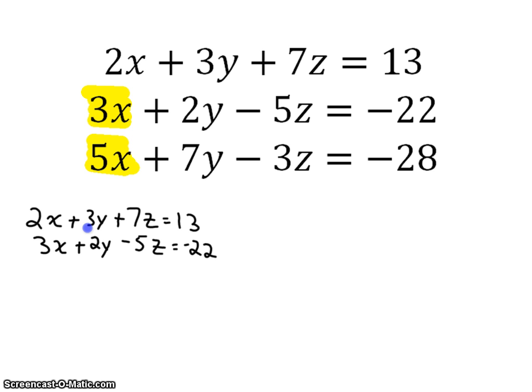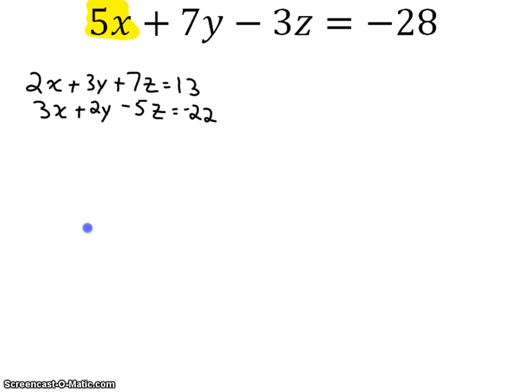Okay, like I said, ideally the one equation that you would use both times, if you have an x by itself, that's the equation you want to use. Okay, so I don't have that. So what I need to do is I need to multiply both equations by some number. It looks like I want to get -6 and +6. So I'll multiply this equation by -3 and then this equation by 2.